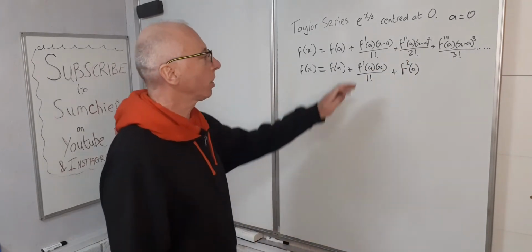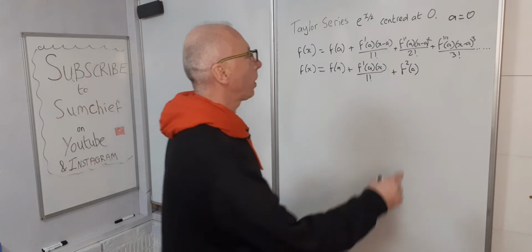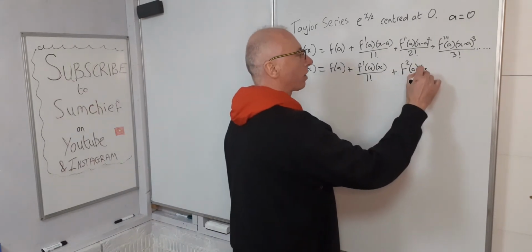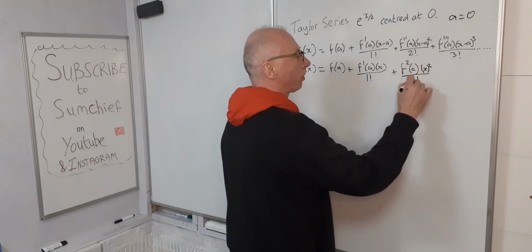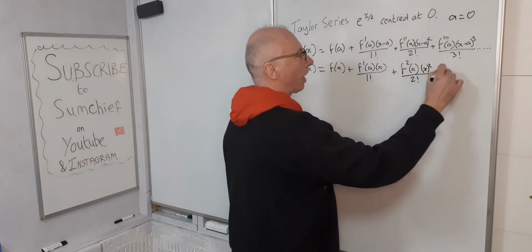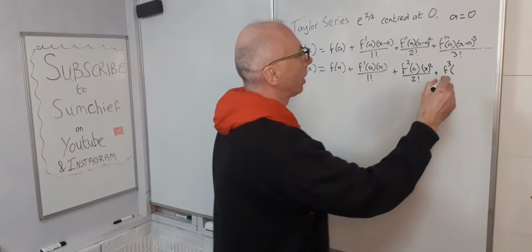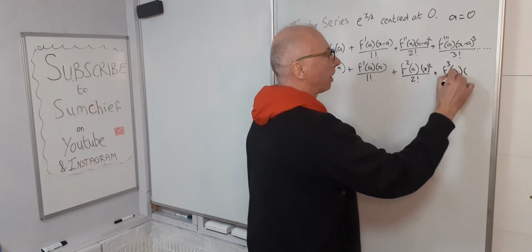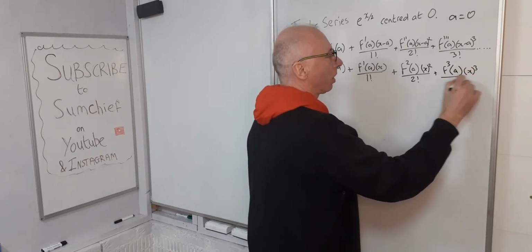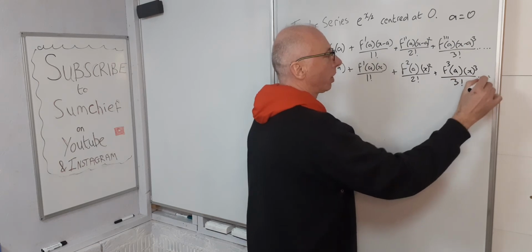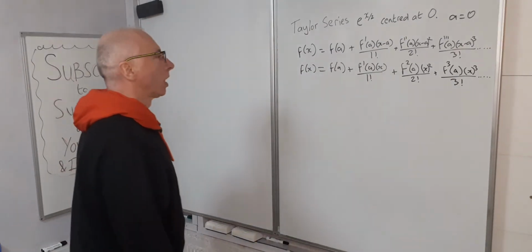Same notation, I'm just trying to show you both different ways of writing it. x squared over 2 factorial plus f3, that's triple prime, so that's the third derivative of a, x cubed over 3 factorial, so on and so on.